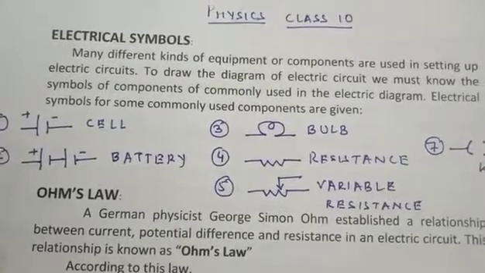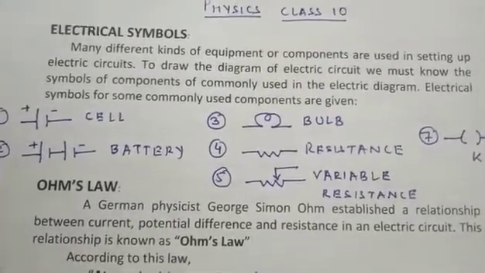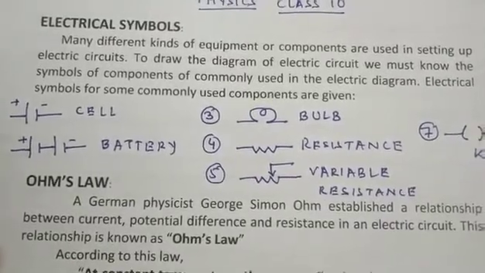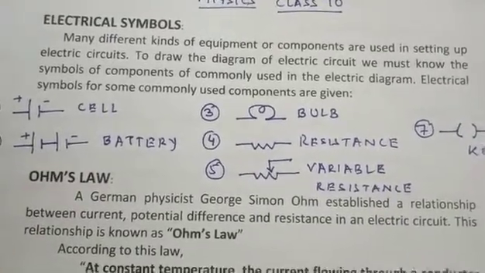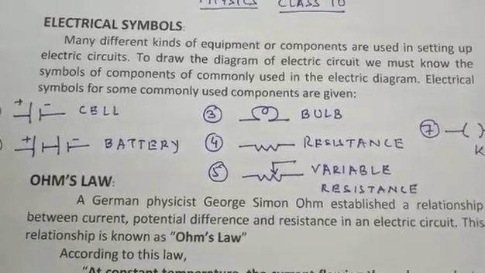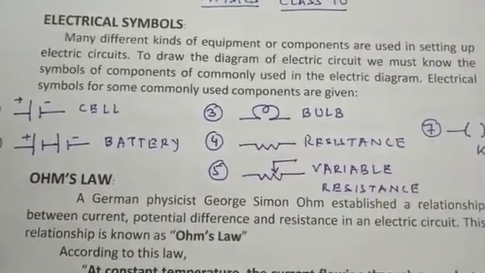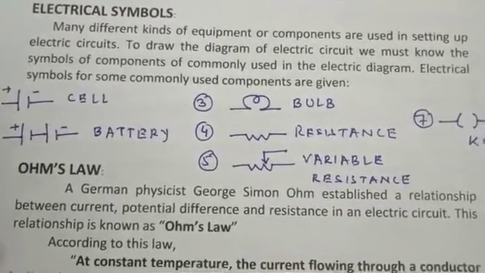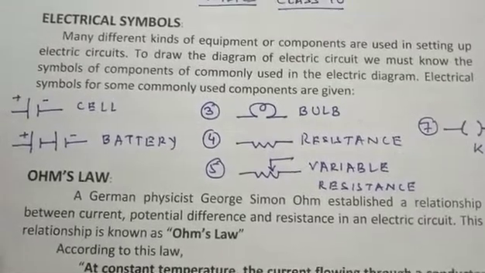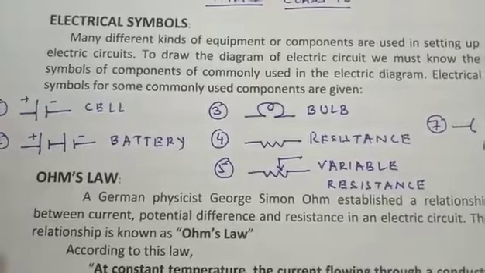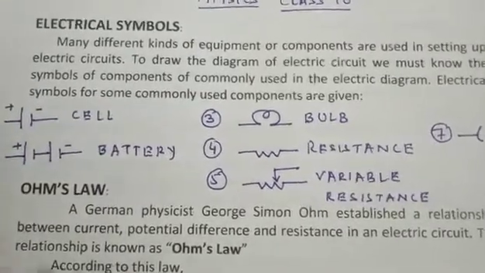In the last class, I explained electrical circuits. I told you that in an electrical circuit, we represent different electrical components with the help of different electrical symbols. Today I continue the same topic and take up the next topic, which is electrical symbols.